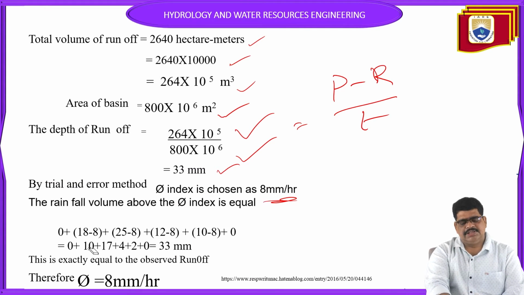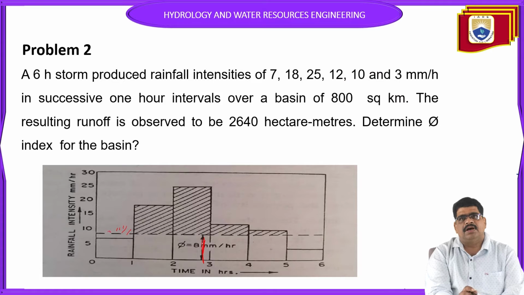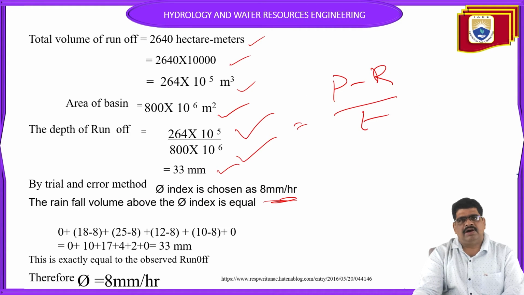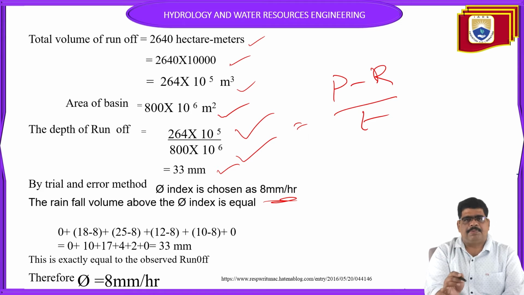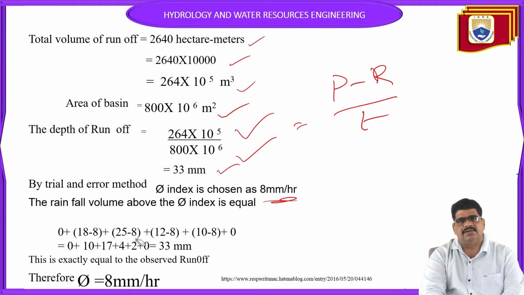Then plus 18 minus 8. What is meant by 18? 18 is already given in the rainfall intensities: 18, 25, 12, 10 like that. So 18 minus 8, where 8 is the assumed Phi index, plus 25 minus 8, similarly plus 12 minus 8, plus 10 minus 8, plus 0.